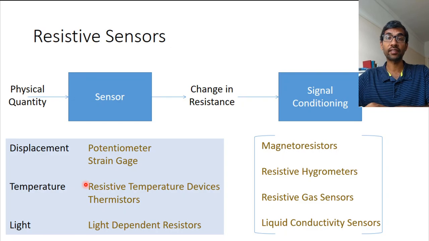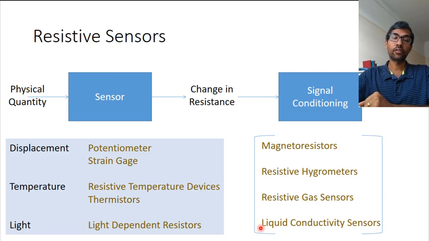Resistive temperature devices and thermistors would be examples. You can have sensors that measure light, magnetic field, humidity, gas concentrations in air, conductivity, and many other things. So, resistive sensors are quite varied and quite prevalent, and you see them in all kinds of applications.